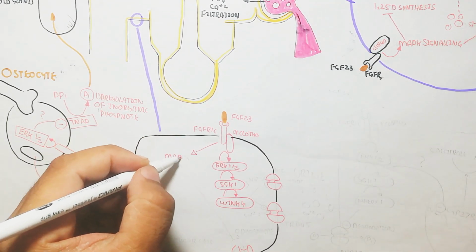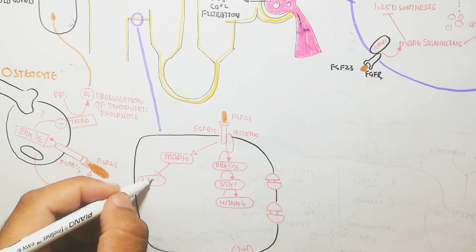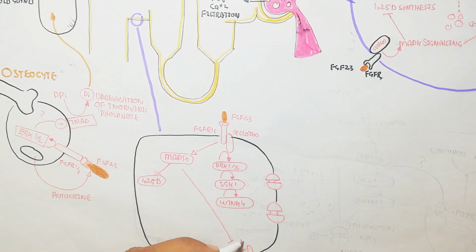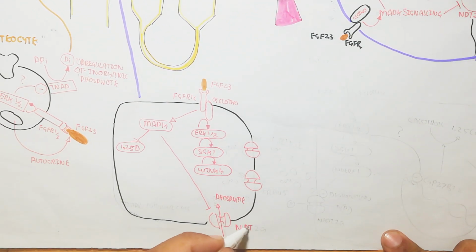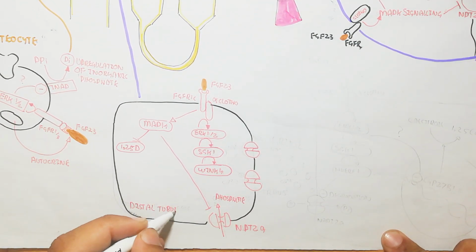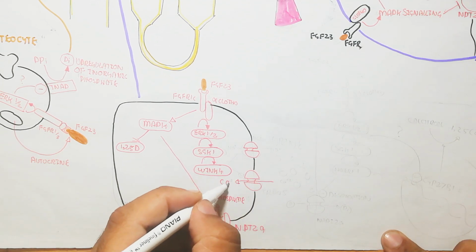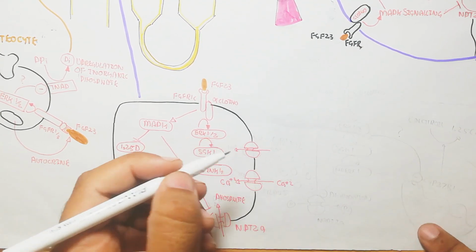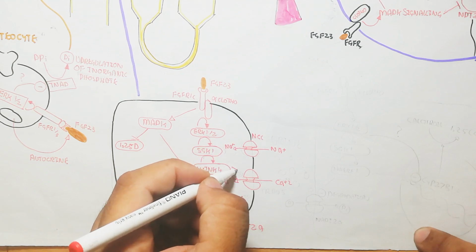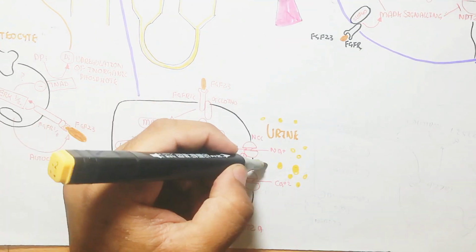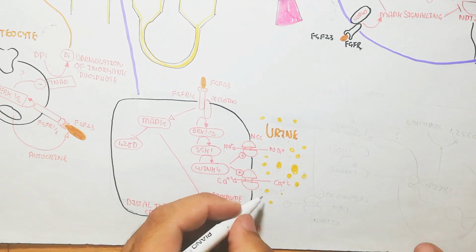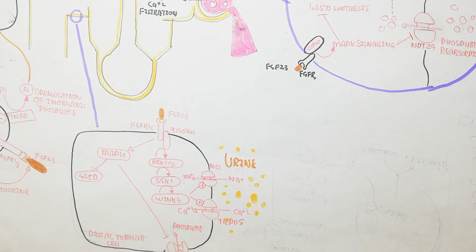This activation will activate the NCC and TRPV5 channels, so the absorption of sodium and calcium will be possible, but it inhibits the MAP kinase, the synthesis of vitamin D, as well as the NPT2A channel for inhibition of phosphate reabsorption. This is the lumen containing urine, and here is the distal tubular cell.